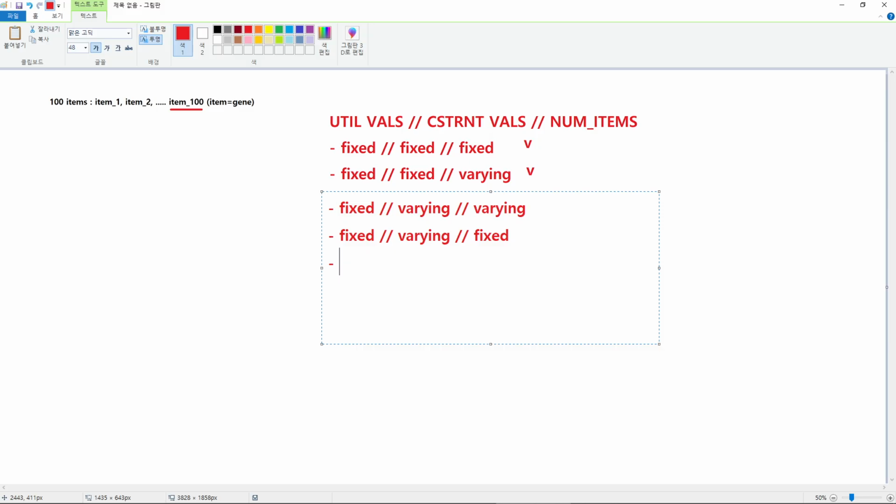Yeah, and then I could have the utility values varying, and then I could have the constraint values varying, and then I could have the number of items fixed.